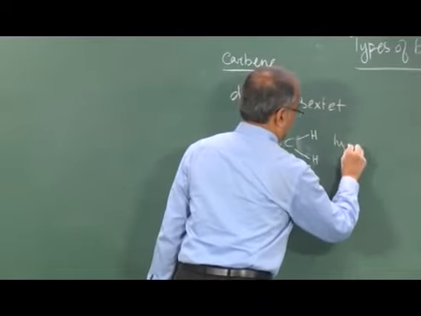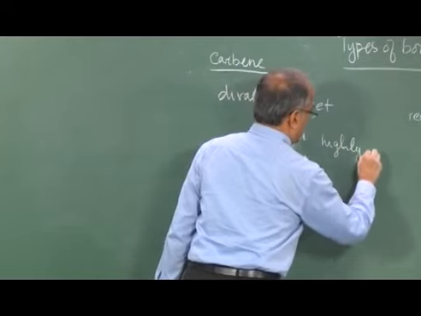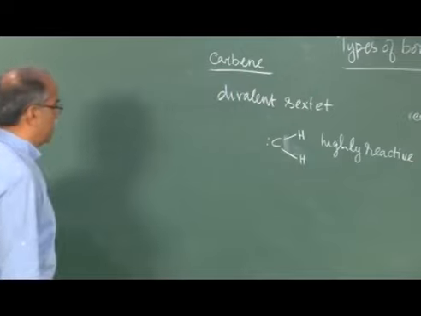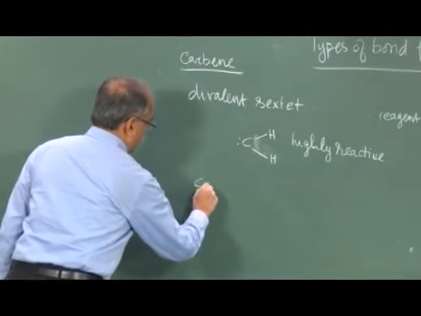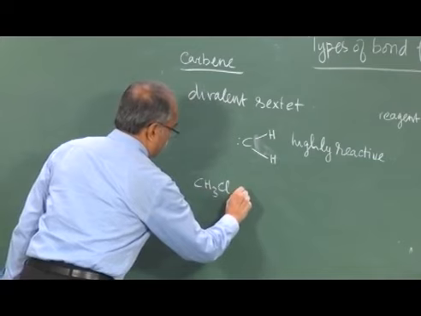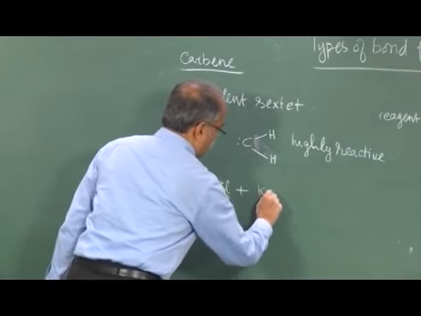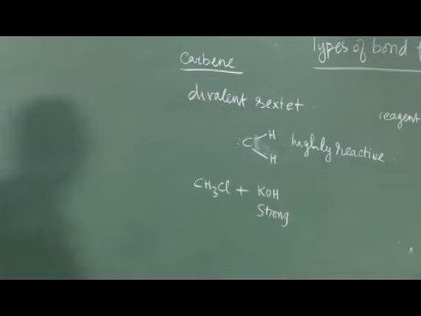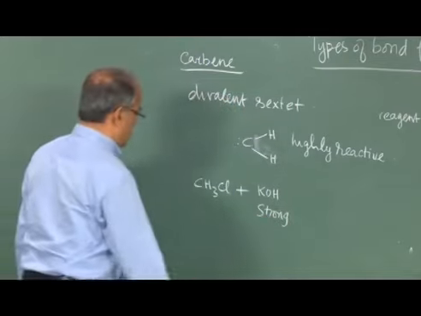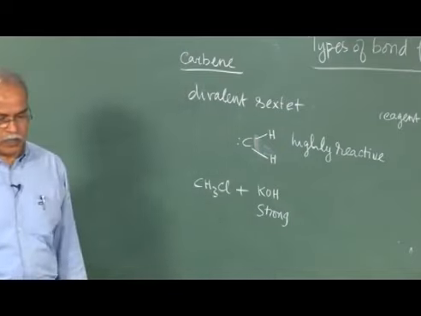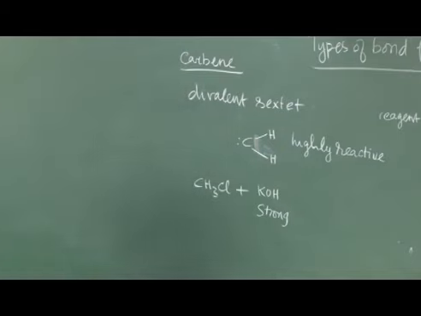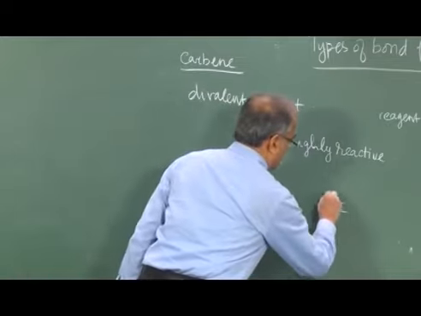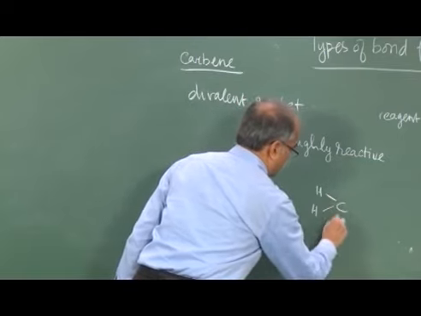So, it is a highly reactive intermediate in organic chemistry. In principle, if we take, not chloroform, I am sorry, methyl chloride, and treat it with a strong alkali, something like 50% aqueous sodium hydroxide or potassium hydroxide, this reaction can in fact take place.